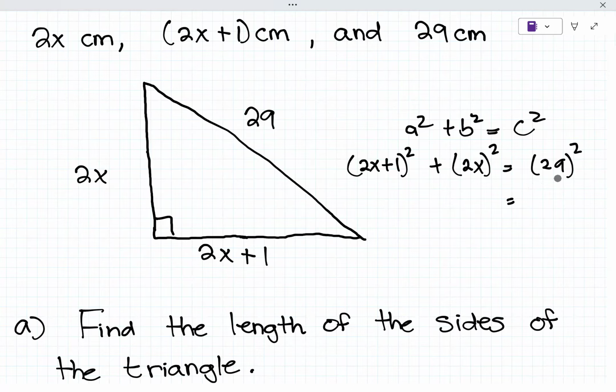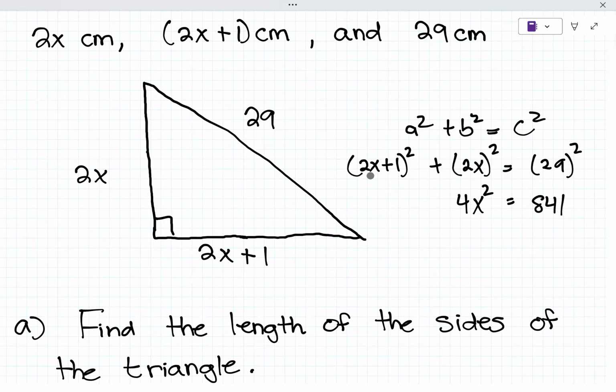So what's 29 squared? 841. What is 2x squared? You're squaring the 2 and the x, so 2 squared is 4, and then x squared is x squared. This one, be careful. 2x plus 1 all raised to the second power. It's not where you just square the 2x and the 1.